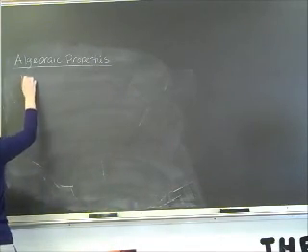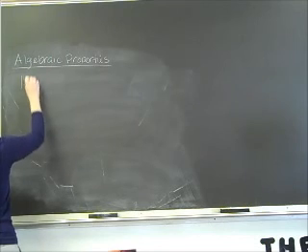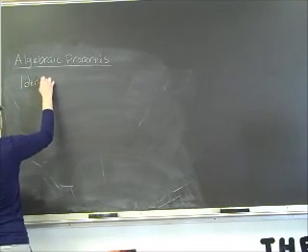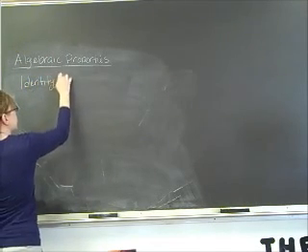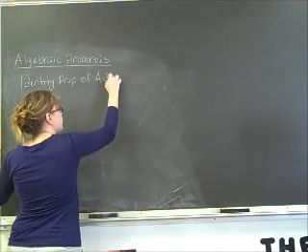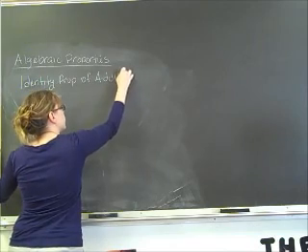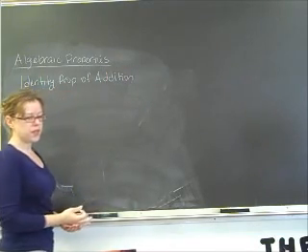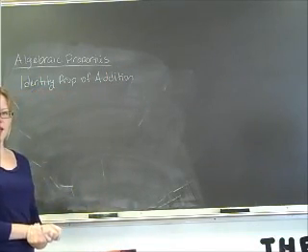Our next property, the identity property of addition. Both addition and multiplication have something we call the identity element.